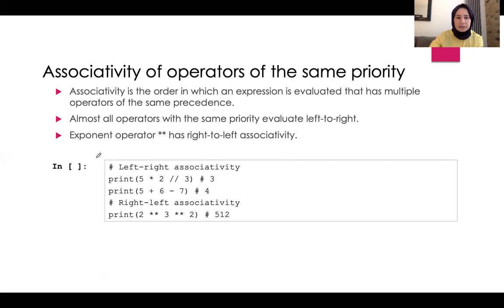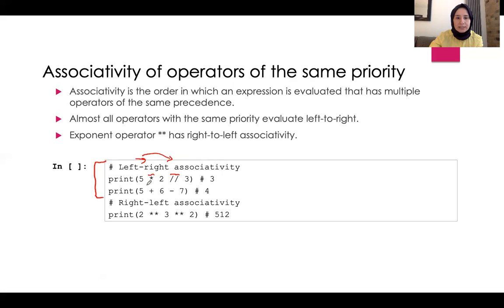For example, let's look at these examples. In this example, we have left-to-right associativity. When you have operators that have the same precedence, like the float division and the multiplication here, you start evaluating from left to right.